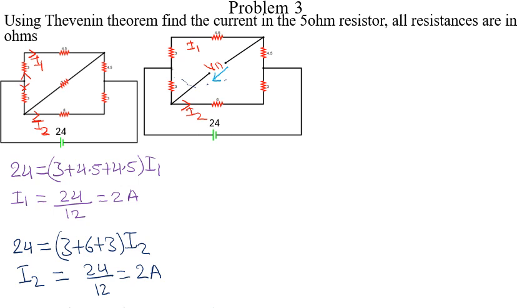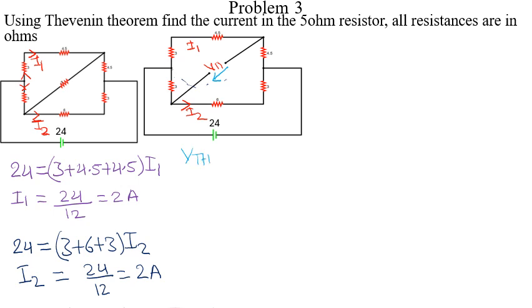To find VTH is basically simple. VTH will take this loop from here to this and back, because VTH is basically this right angle triangle. So we take this side, this 3I2, this 3I1 and 4.5.